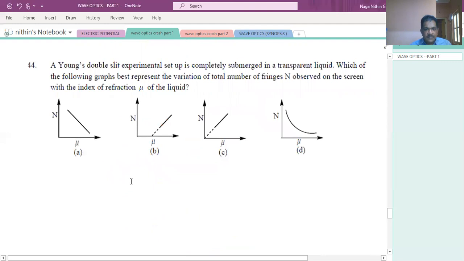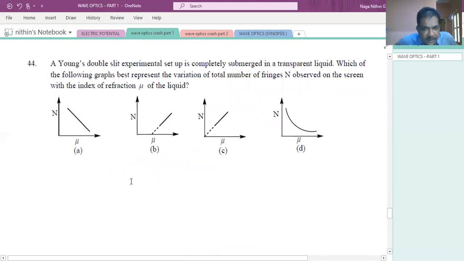Next. Young's double slit experimental setup is completely submerged in a transparent liquid. Which of the following graphs best represents the variation of the total number of fringes? Here, for example, the length of the screen is L. Each fringe width will be beta.